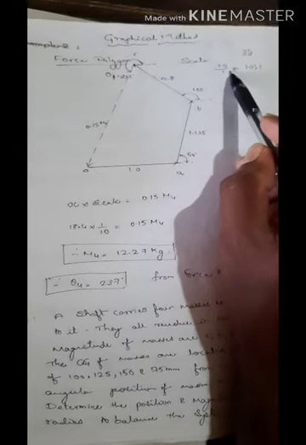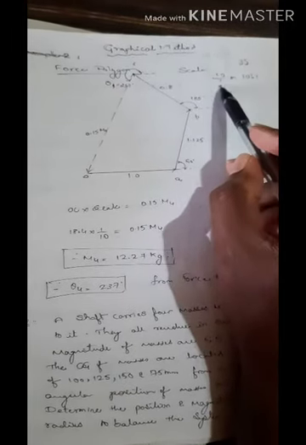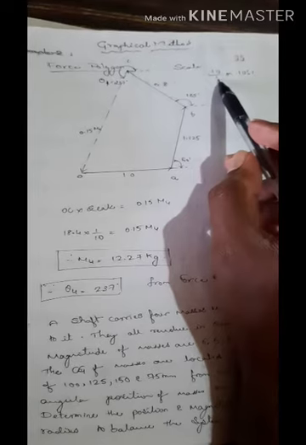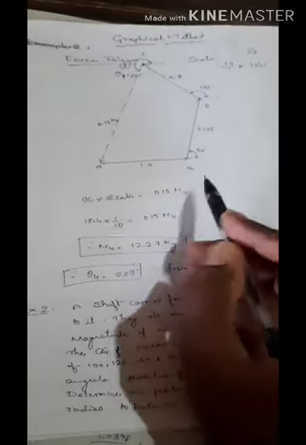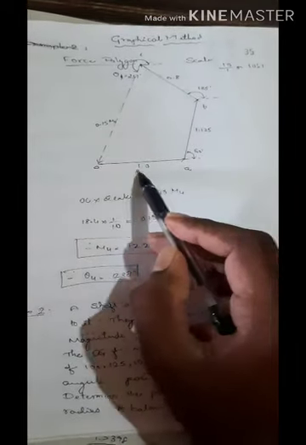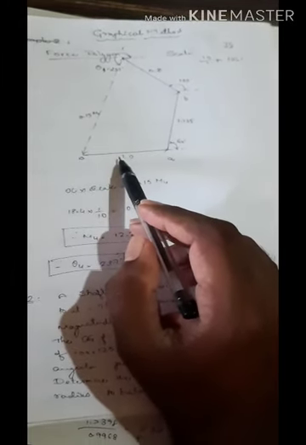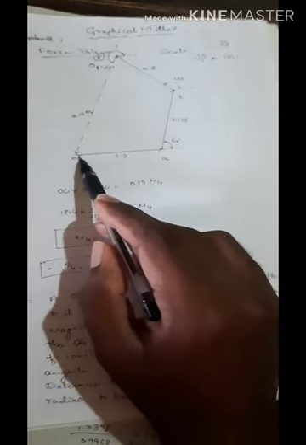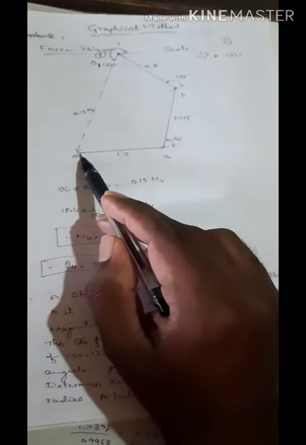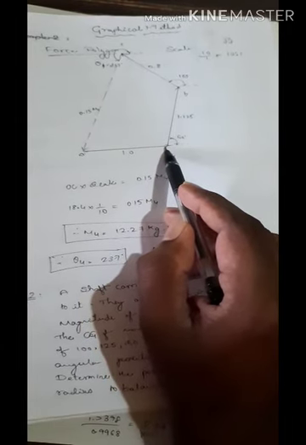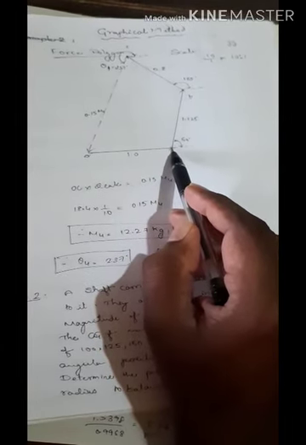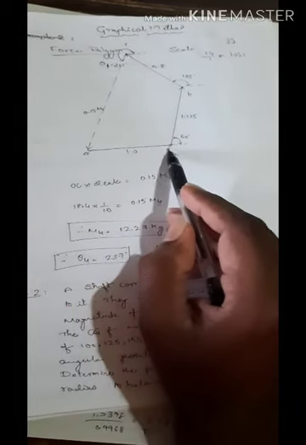Here the scale is 10:1, meaning one unit is 10 centimeters. So from a point O, with 0 degrees or horizontal, draw a 10 centimeter line.